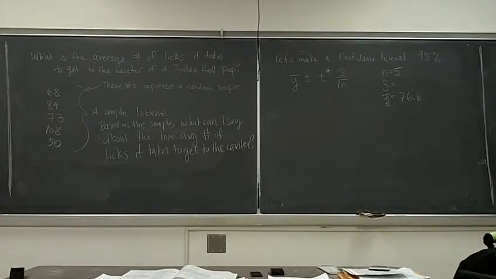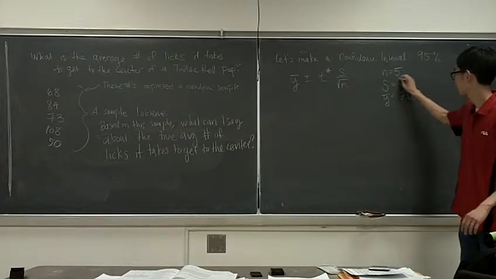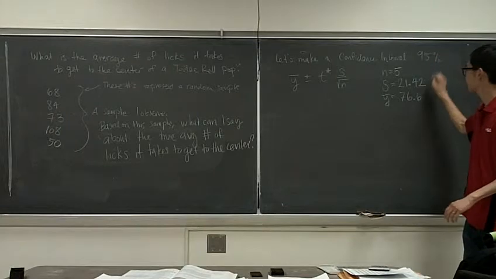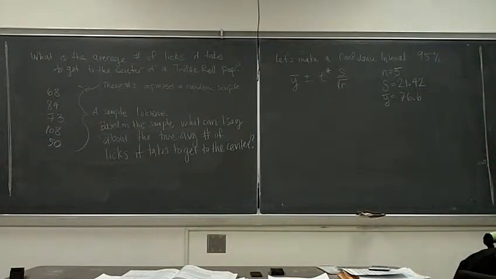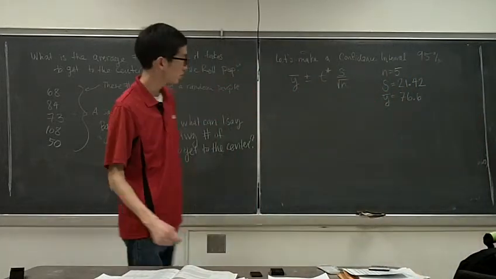A little bit of a pain, but certainly not impossible. But I'm going to take a shortcut and ask R to do the work for us. 68, 84, 73, 108, and 50. R says the standard deviation is 21.42. There's a few more decimals, but that's close enough. And what is my T star?